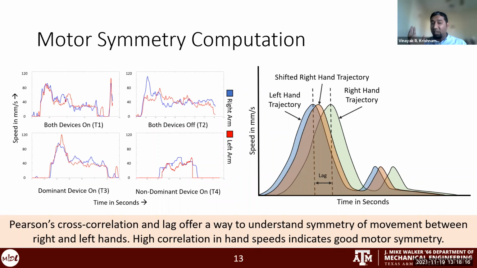The idea is simple: you have 2 signals, you take one signal and move it along the X axis, and at every shift you compute the correlation between the two signals. Wherever you get the maximum cross correlation, you take that as your correlation value, and however much you moved, you take that as the lag. High correlation with low lag indicates reasonably good motor symmetry. And it's normalized, so it's between 0 and 1.